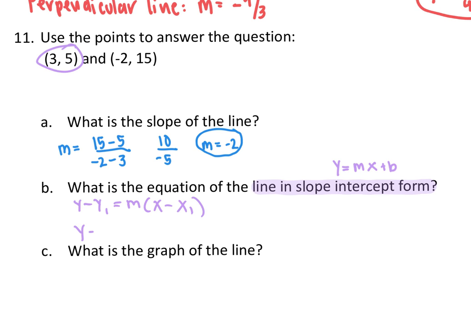So y minus the y point, which is 5, is equal to my slope, which is negative 2, times x minus the x point. Then we solve this for y. So I'm going to distribute the negative 2 through, and then add the 5 over.